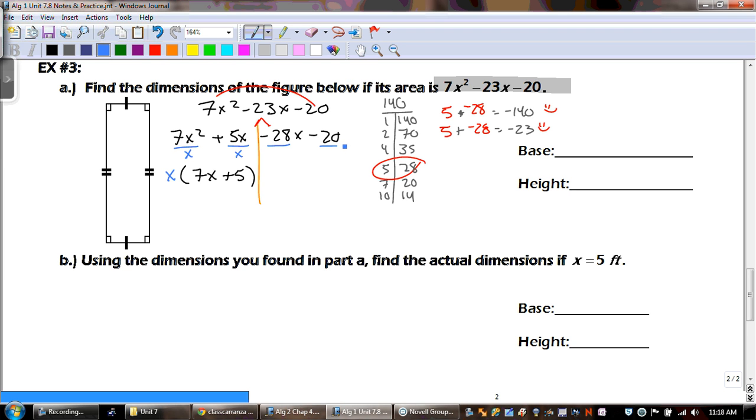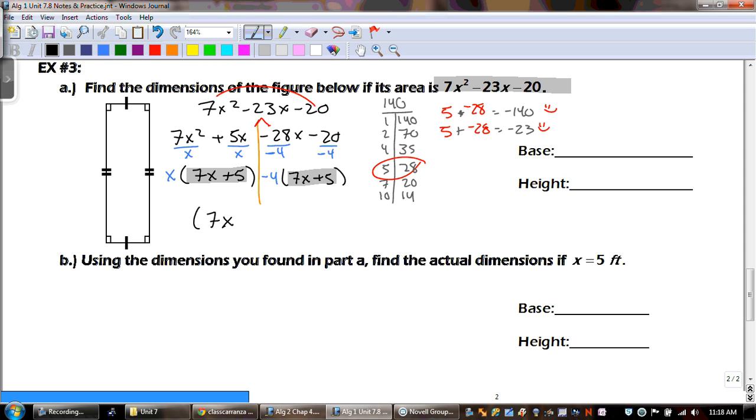Okay, now the GCF in the back, my leading coefficient is negative. So my GCF is negative, and then the only number that goes into both 28 and 20 is 4. Negative 28 divided by negative 4 is positive 7, and the x comes down. Negative 20 divided by negative 4 is positive 5. And that's good because if you notice, those two match.